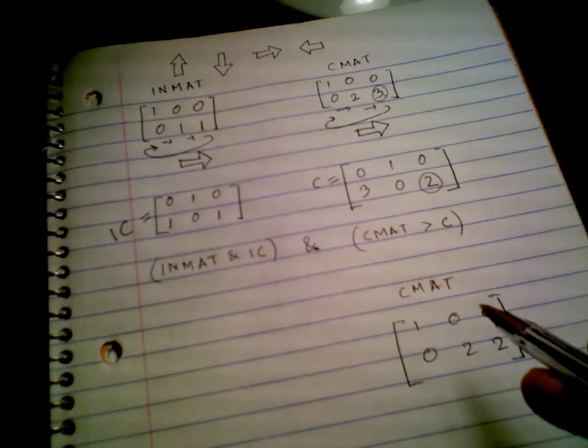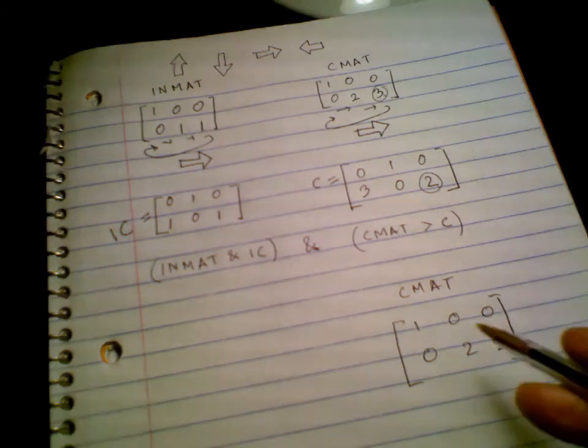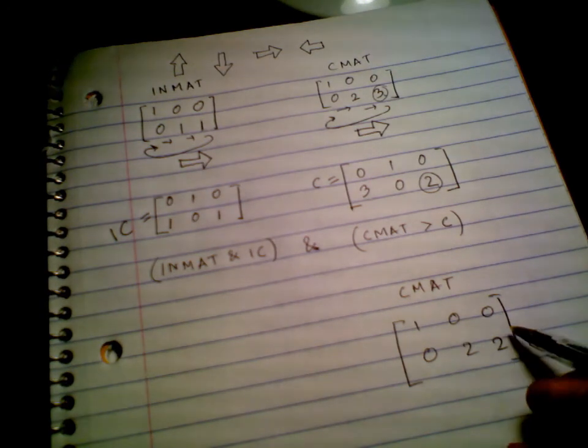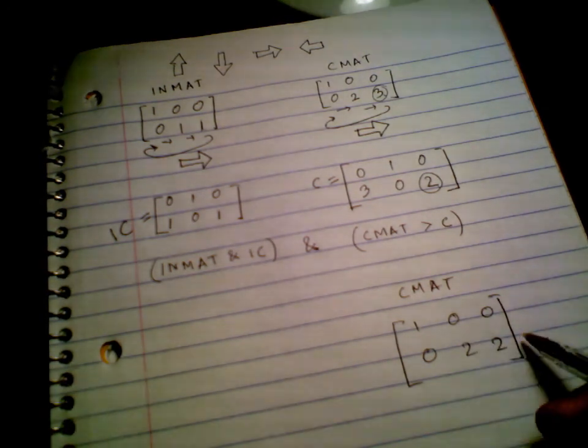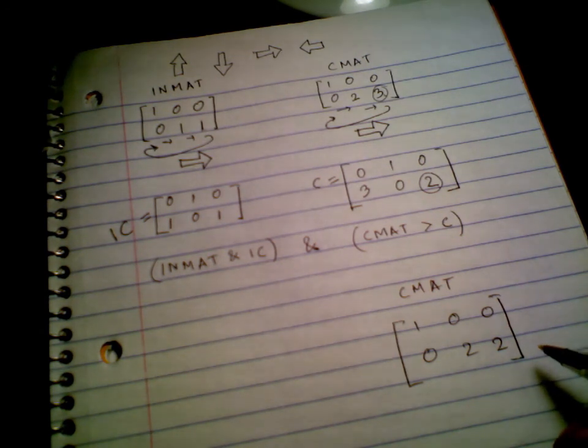If it passes through once without change, that means it's not going to change any further. And then of course we can read off all the unique elements in CMAT, and this time all the adjacent ones would be the same number, and from that we would be able to identify the number of clusters.